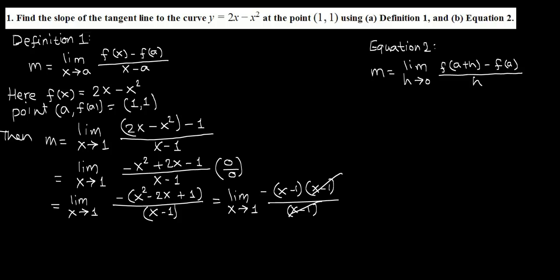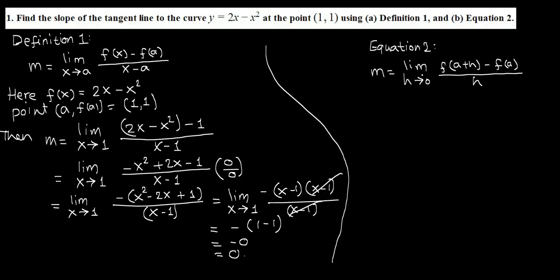Then the x minus 1 cancels. Now we replace x by 1, and we get negative (1 minus 1), that's negative 0, which is 0. That means the slope of the tangent line to this given curve at the point (1, 1) is 0.